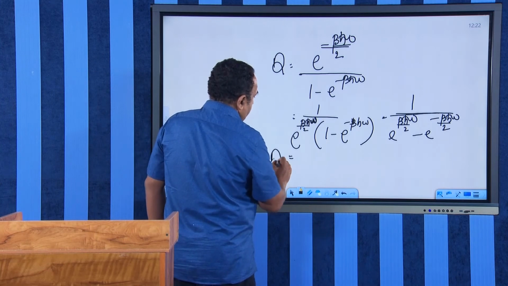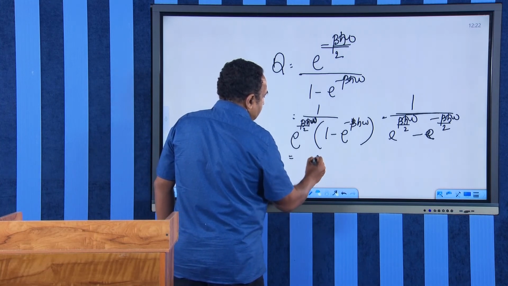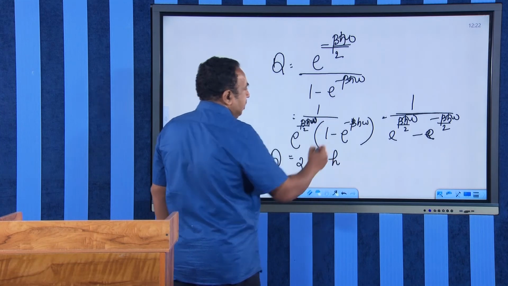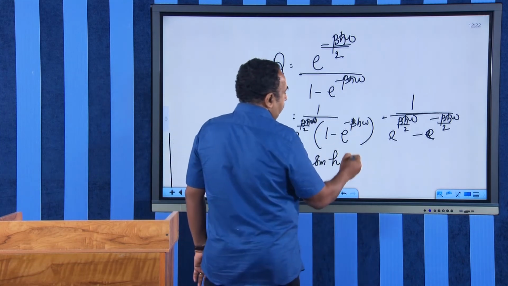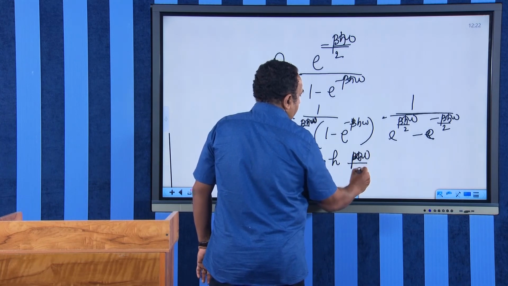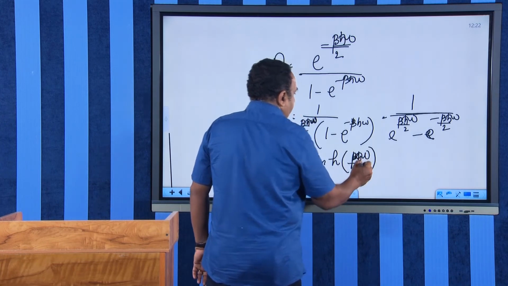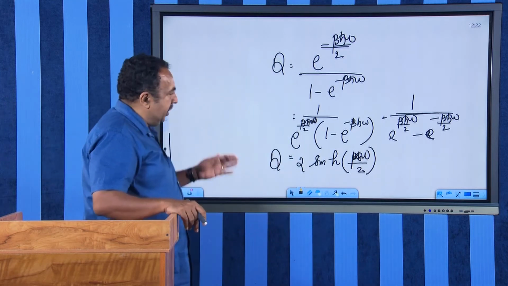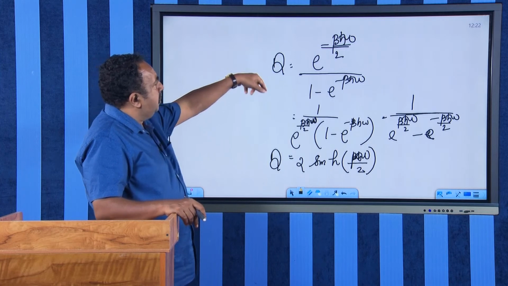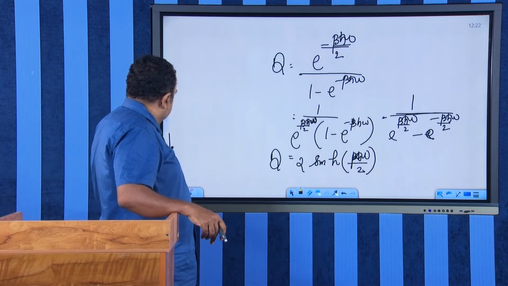Therefore, you can write your partition function also as 2 hyperbolic function sinh x. Your x is now beta h cut omega by 2. This is also another form of partition function, but in your question, this was the result that was expected.